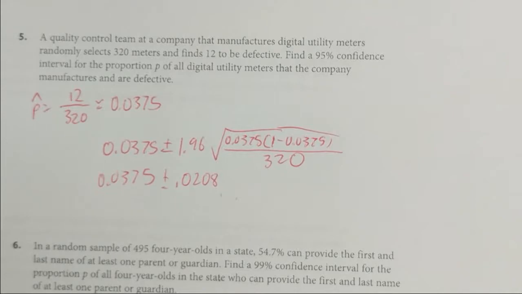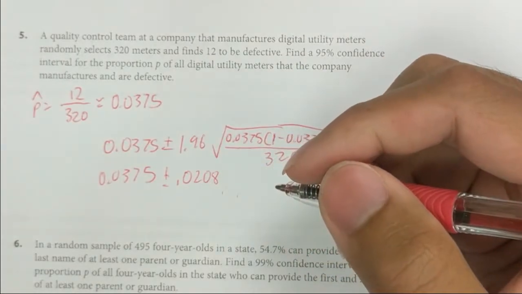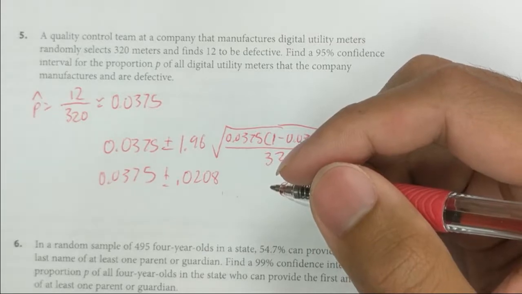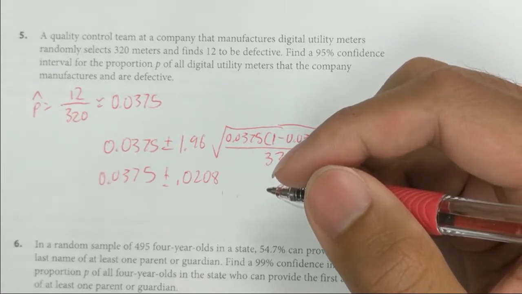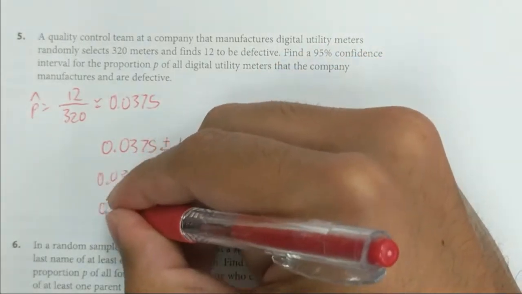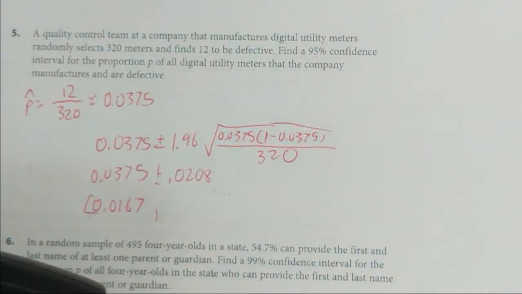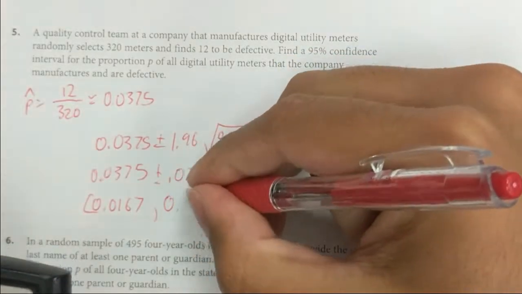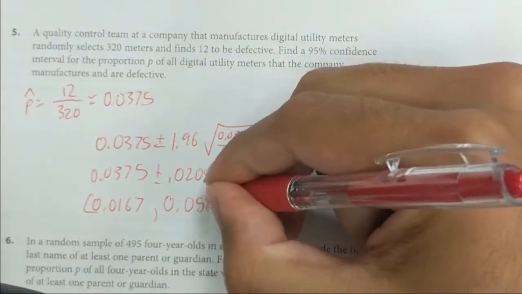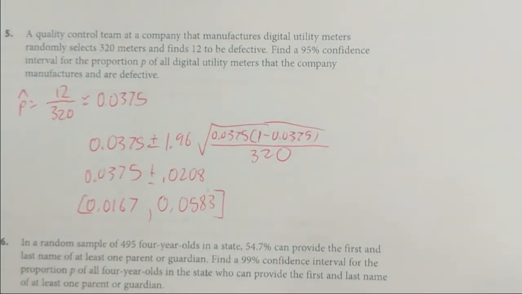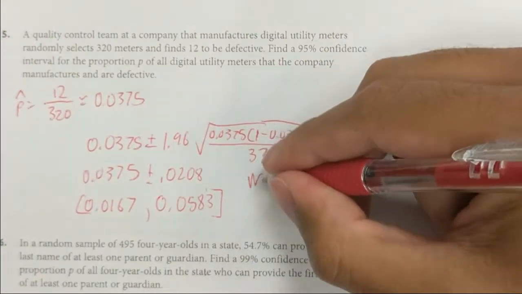Adding and subtracting that from our sample proportion. If we wanted this in percent form, we could just write it out.